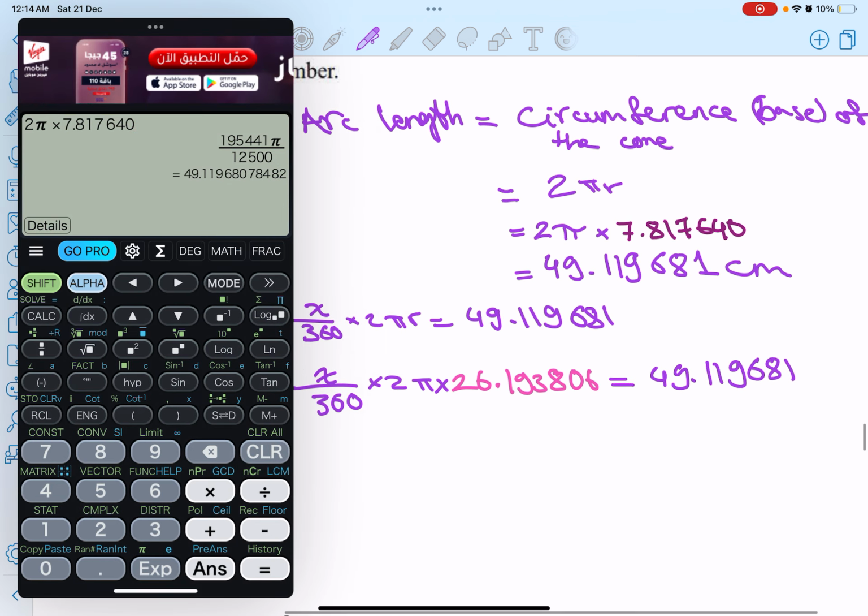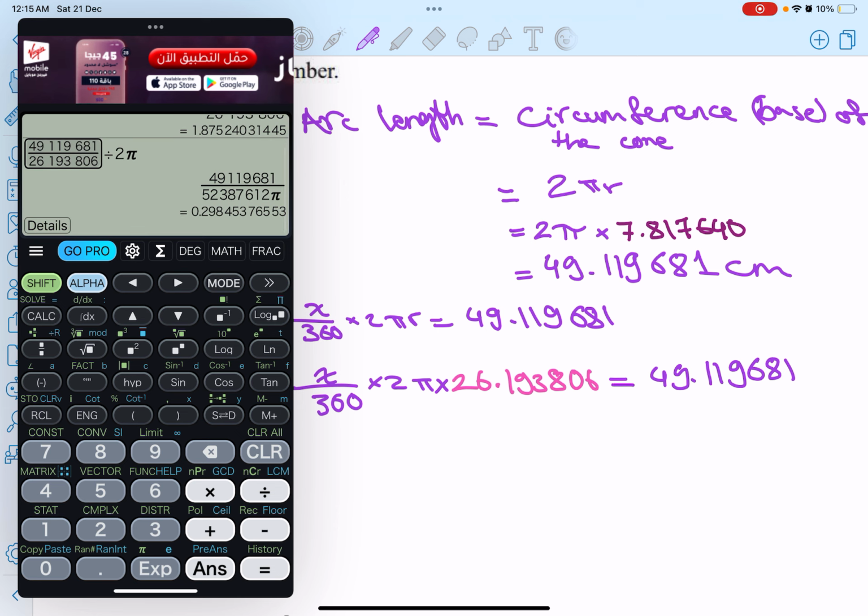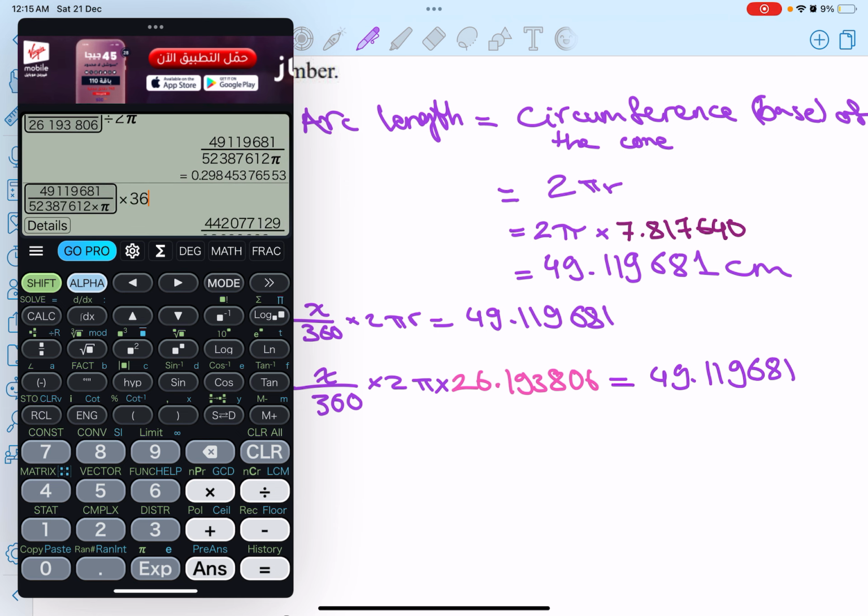And then I can divide 49.119681 by 26.193806, divide by 2 pi, times 360.